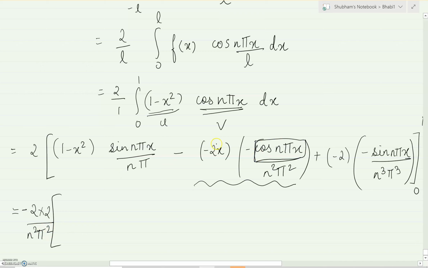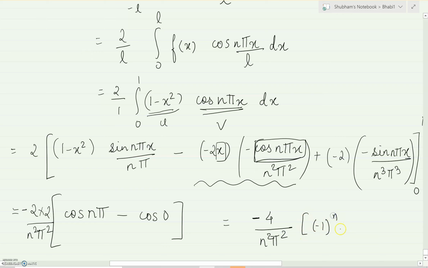First I'll substitute upper limit 1, cos of n pi, minus cos of 0. So finally I'm getting minus 4 upon n square pi square and minus 1 raised to n. The lower limit term is 0 into cos of 0, so that becomes 0, because 0 into 1 is 0.